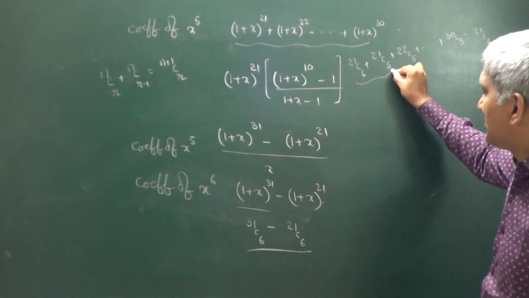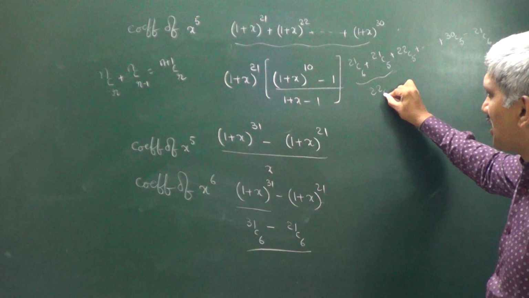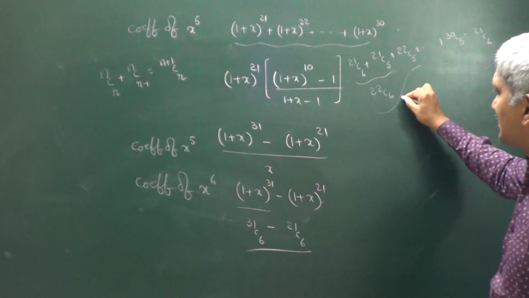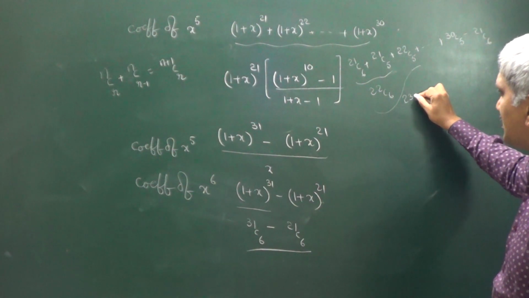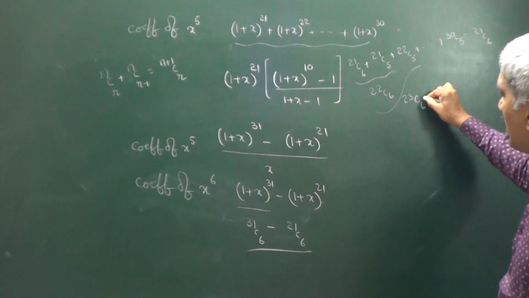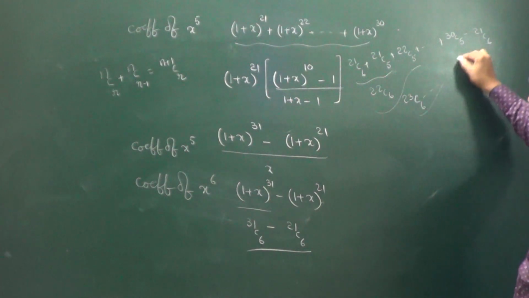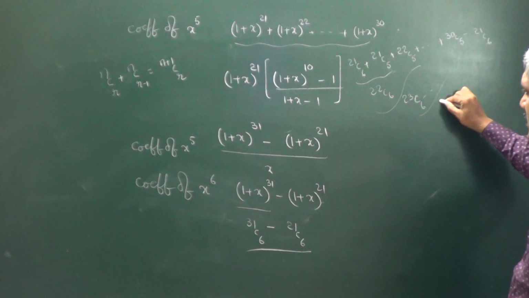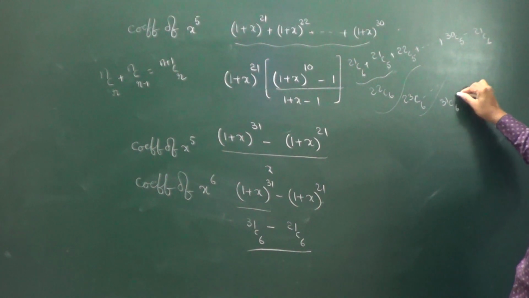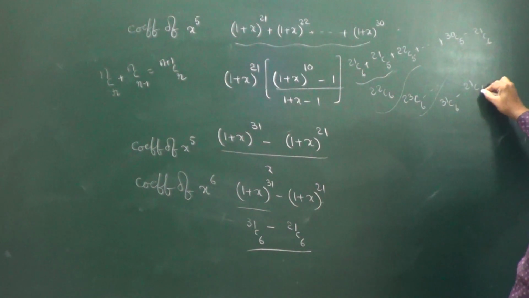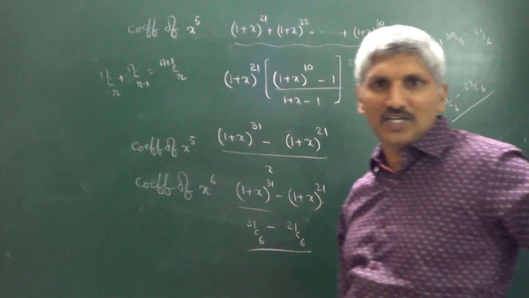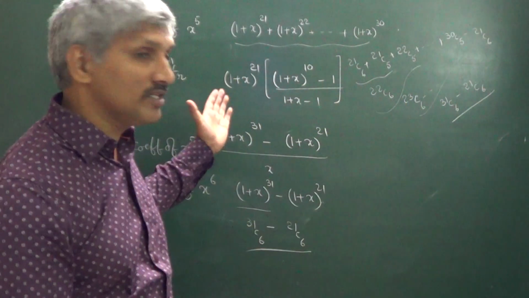Now this can be written as 22C6. Again this can be written as 23C6. Yes or no? And so on, continue up to the last one. You will get 31C6 minus 21C6. The same answer we will get. So that is another way of doing the same question.